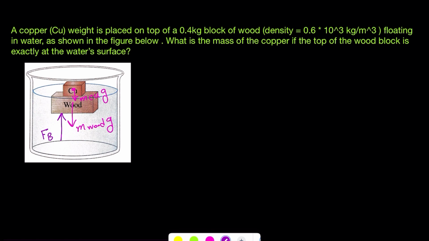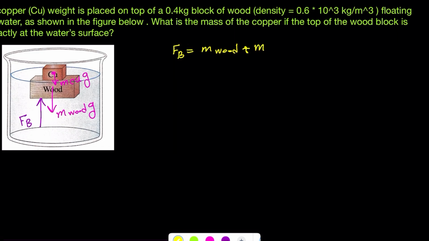Therefore we can write buoyant force is equal to m wood plus m copper times g, the weight of both. And that buoyant force is caused by the pressure of the liquid, which is water in this case. So this is one equation that we can write based on the free body diagram we drew.